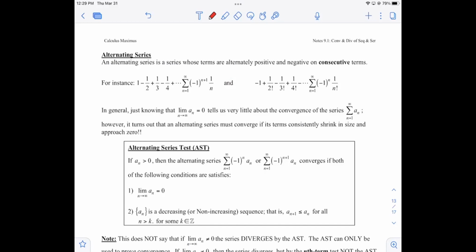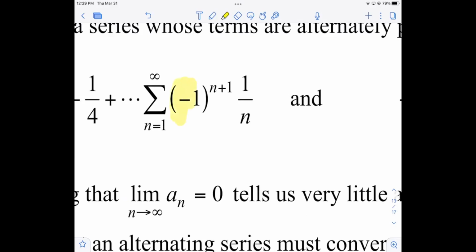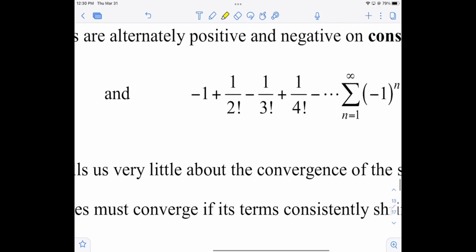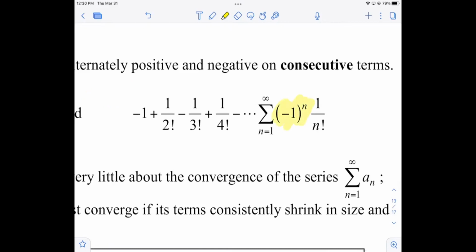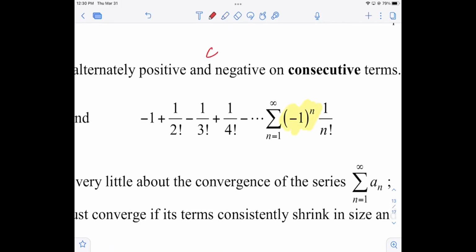And they're pretty easy to recognize when you have the rule because you'll see an alternator, which we've already kind of talked about. -1 to the n plus 1 is an alternator. -1 to the n minus 1 is an alternator. -1 to the n is also an alternator. Okay, and what is the sneaky alternator that we talked about?